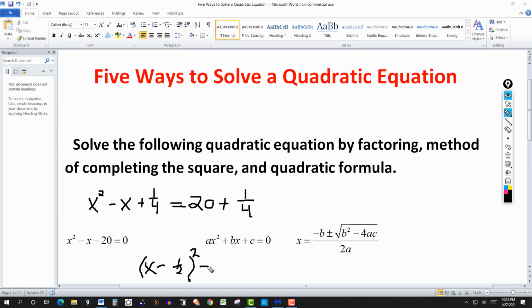Now on the other side, we combine. So multiply this by 4 to get the same denominator, so that'll give us 80 over 4 plus 1/4.